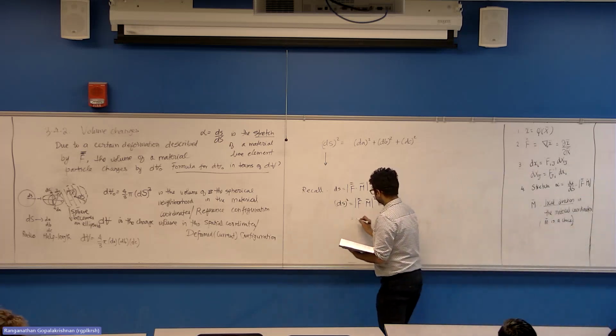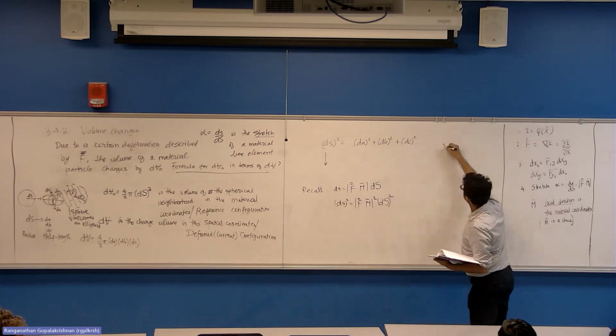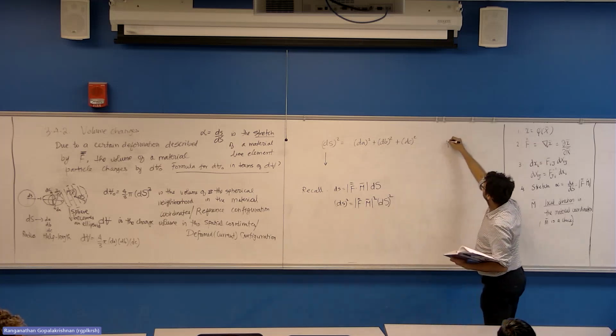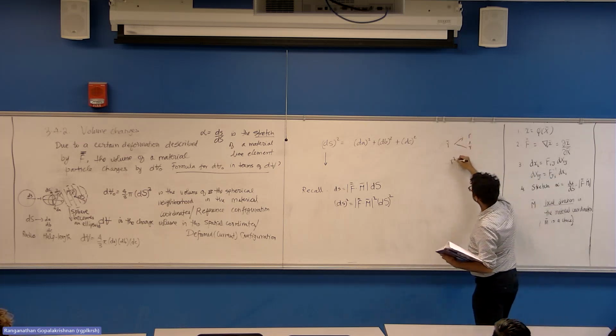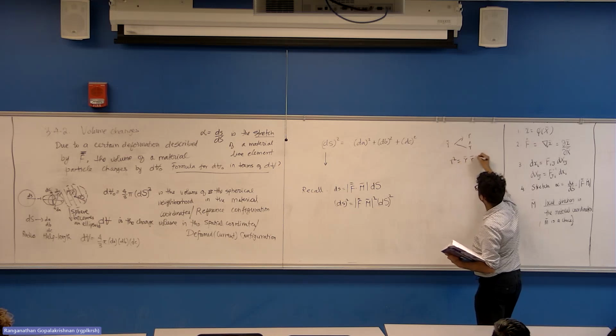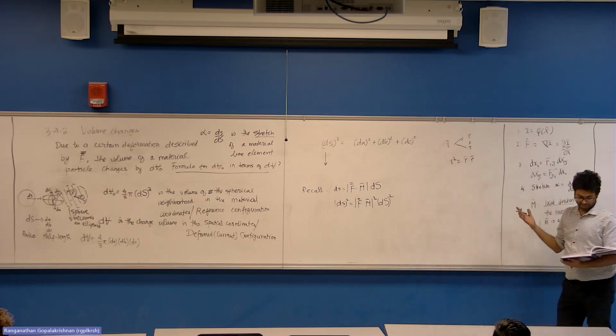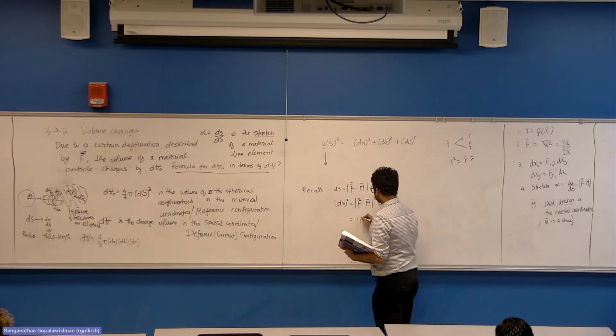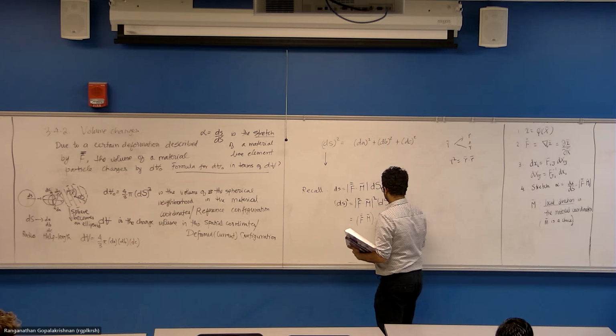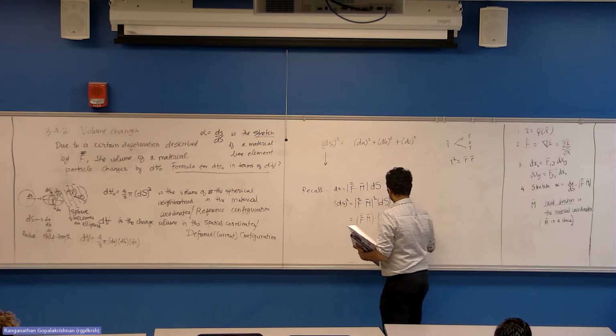So if I take any vector r, it has a magnitude r and a direction r cap. So I can write r squared is r dot r. You know this, right? This basic vector algebra. So I'm going to take this magnitude and write this is F dot M dot F dot M.